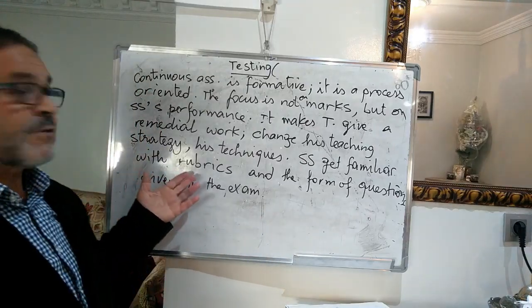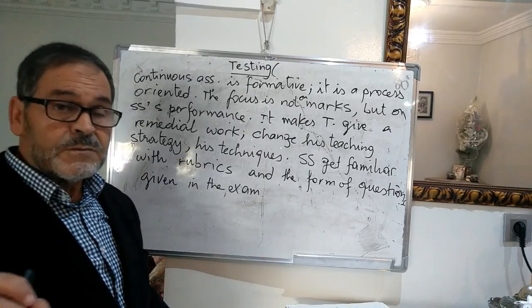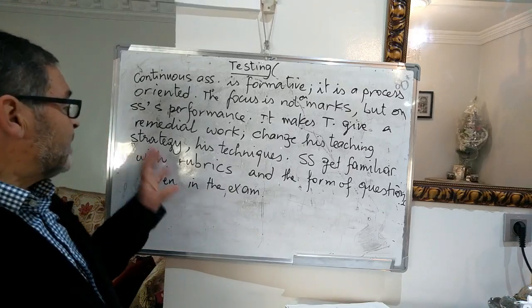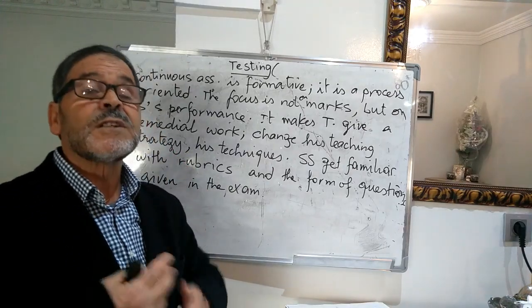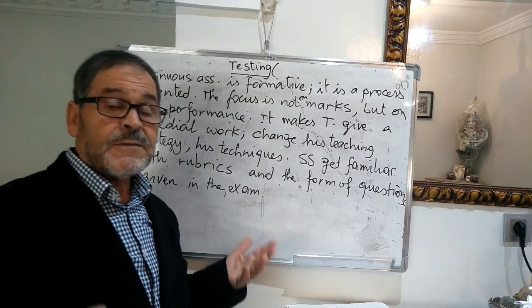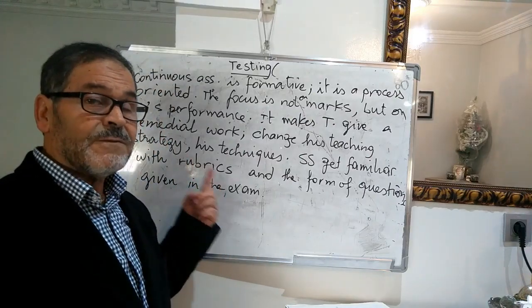So under rubrics, of course, there is the type of scoring: 2 points or 1 point for each question, etc. So this is the advantage of quizzes. Quizzes are not for marks, but for information, to get information either for the teacher or for learners. That's the advantage of quizzes.